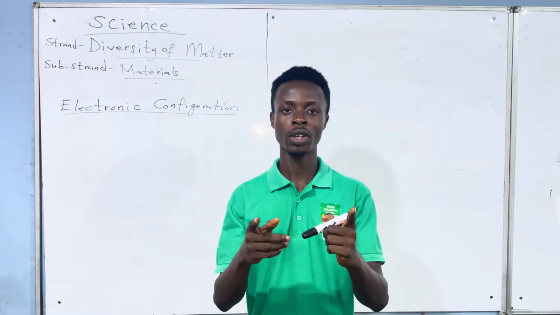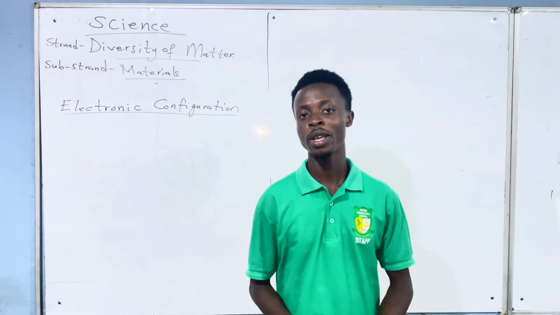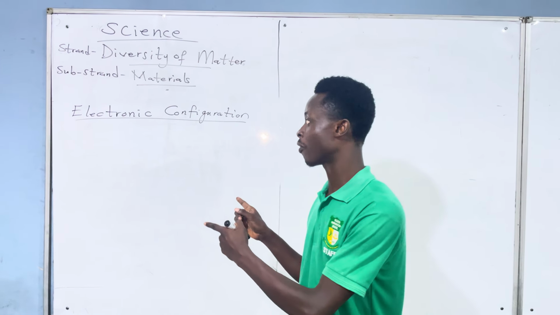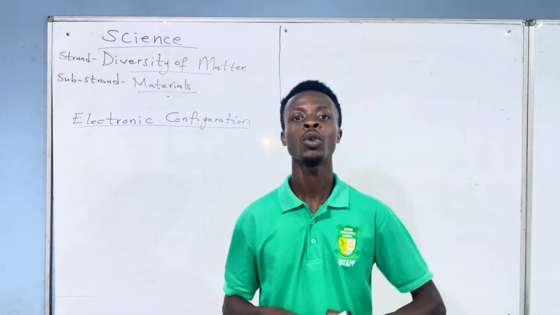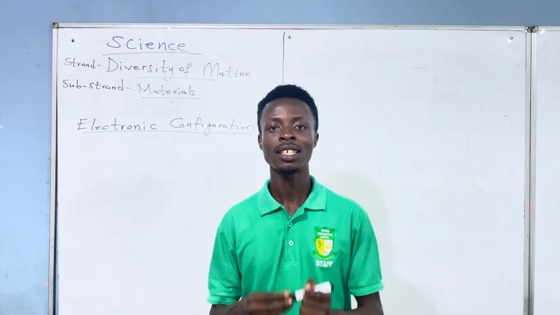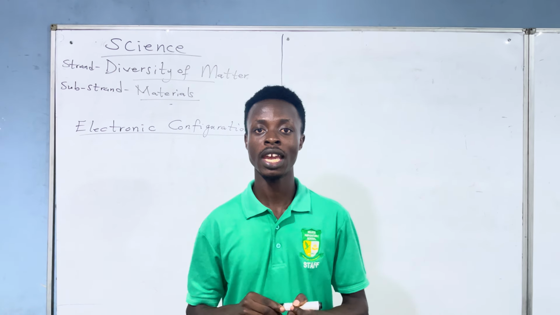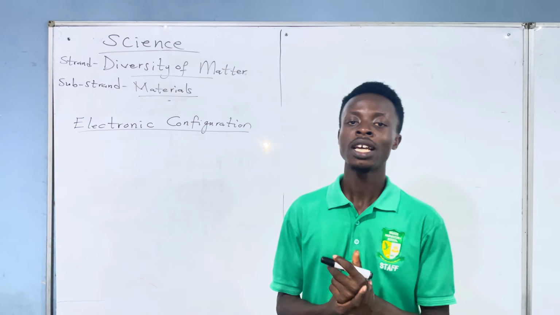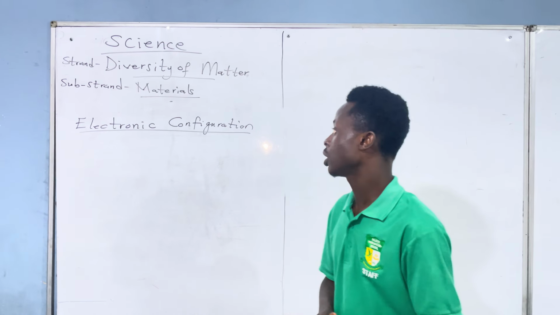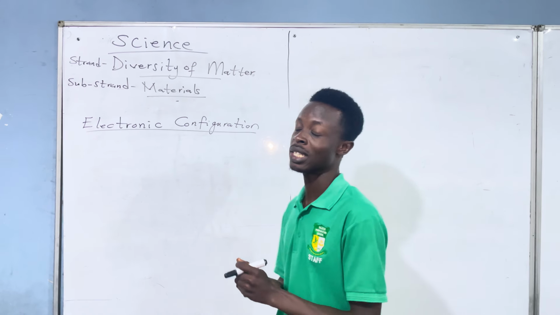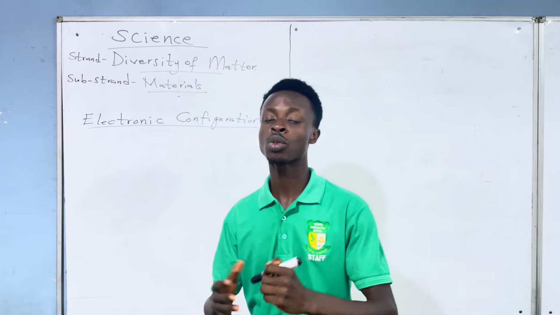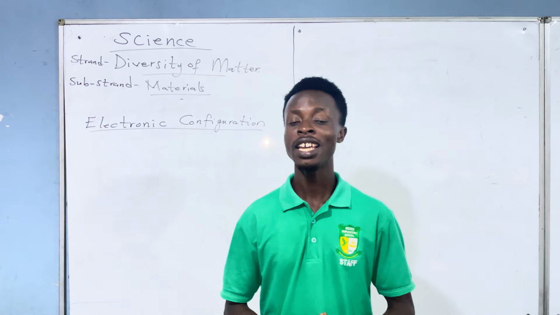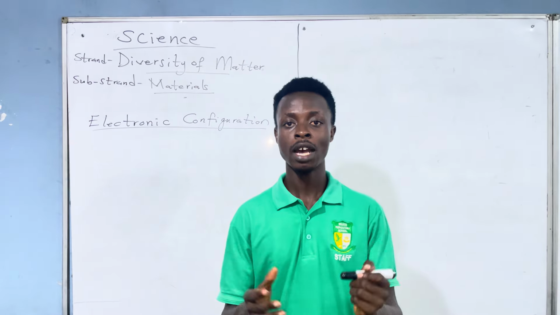My name is Desmond Amwa and today we are going to talk about electronic configuration of elements. So I want you to take your notepad, take your pen and sit down and watch this video to the end. Alright, so let's talk about the electronic configuration of elements. Electronic configuration simply means the arrangement of electrons in the shells of an atom.